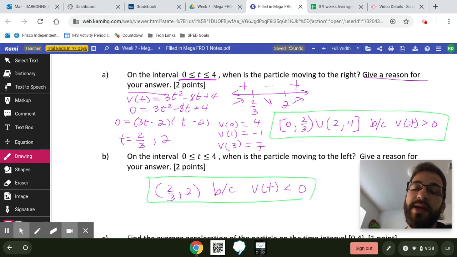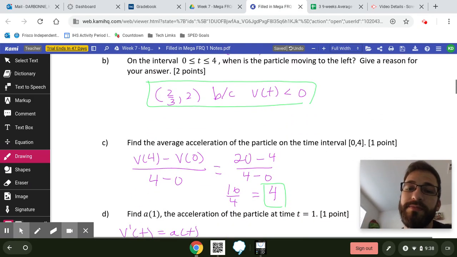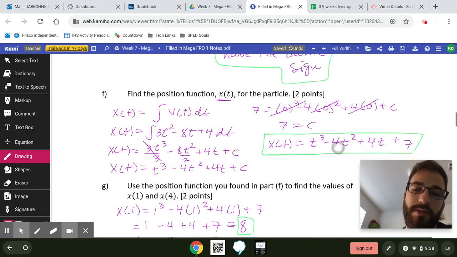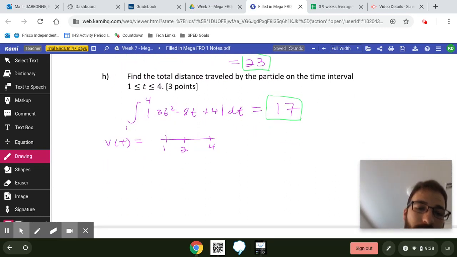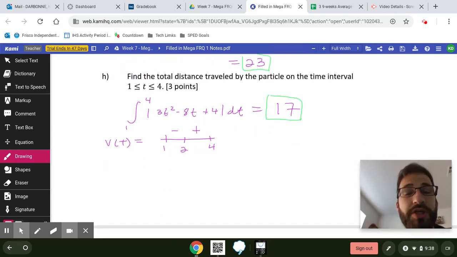Well, 1 is on the right side of 2, so we're going from 1 to 2, and from 2 to 4. From 1 to 2, it's going to be negative, and from 2 to 4, it's going to be positive.